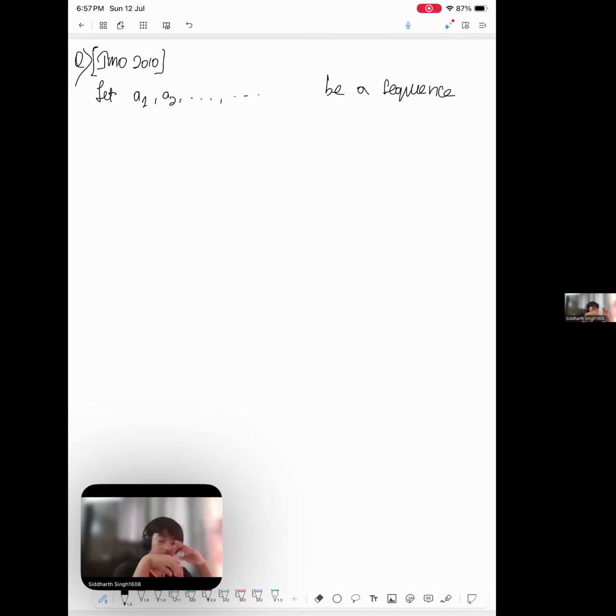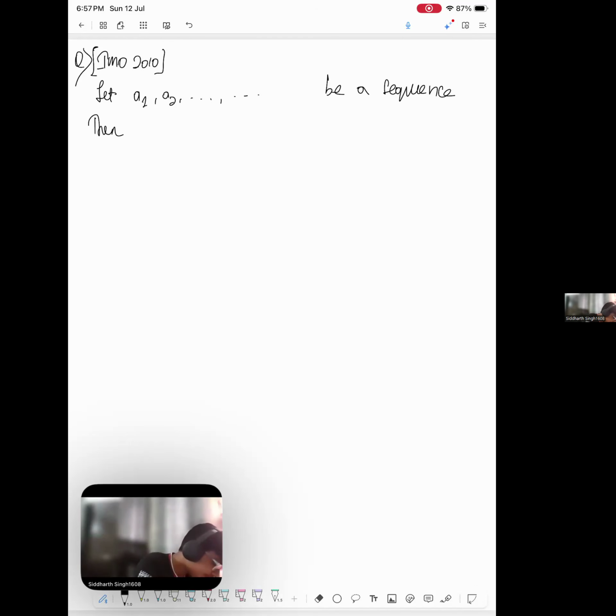You're going to learn how to shift between algebraic terms, how to specifically find some numbers which make your life easy. This kind of intuition is very important to build up. So yeah, let it be a sequence.